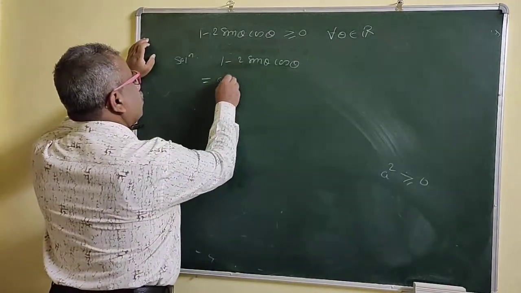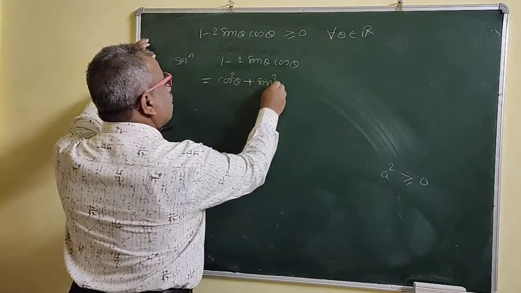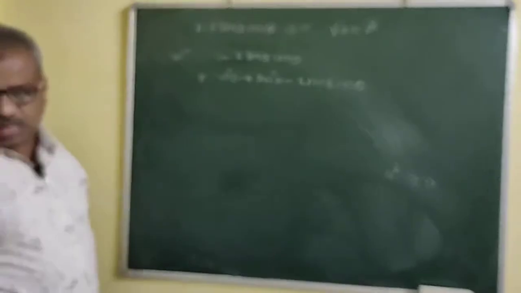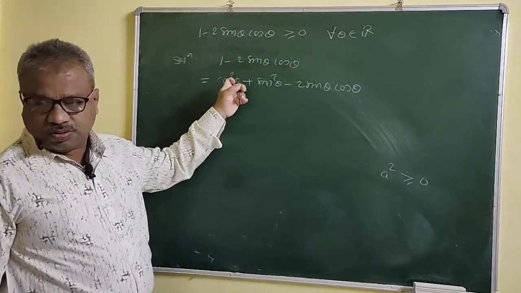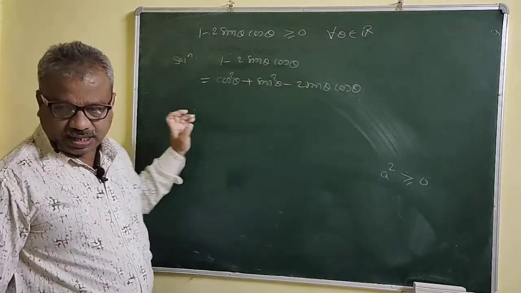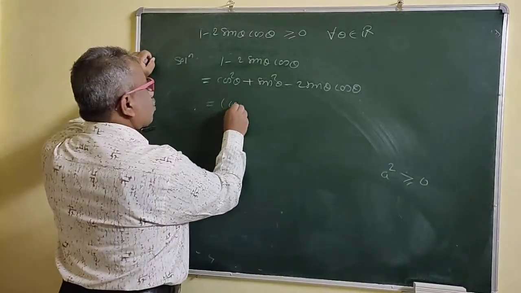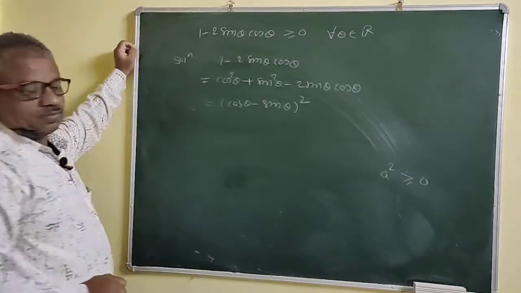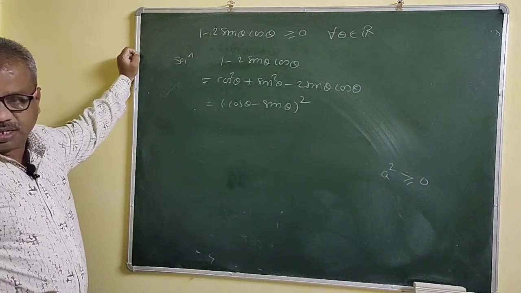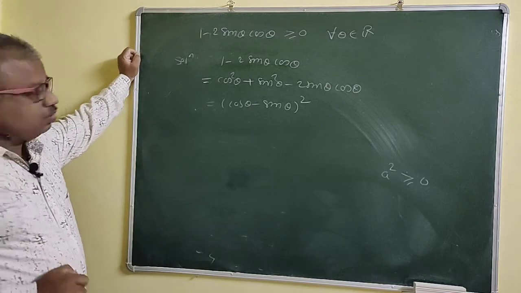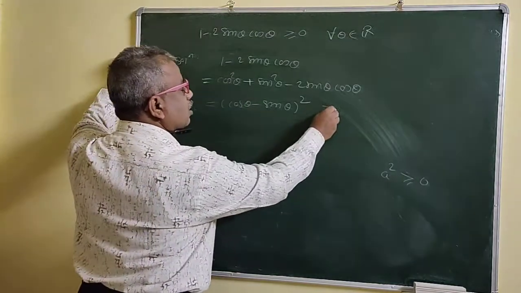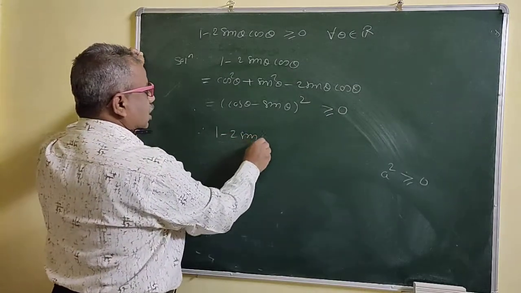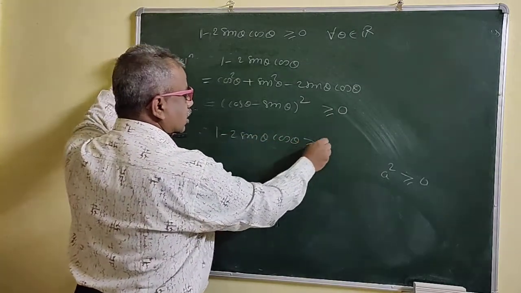So cos square theta plus sin square theta minus 2 sin theta cos theta is nothing but the expansion of cos theta minus sin theta, whole square. And the square of any number is always non-negative, so this is greater than or equal to 0. Therefore 1 minus 2 sin theta cos theta is greater than or equal to 0.